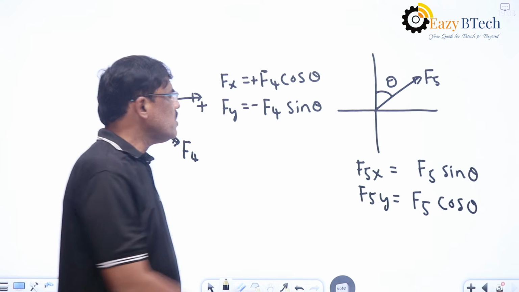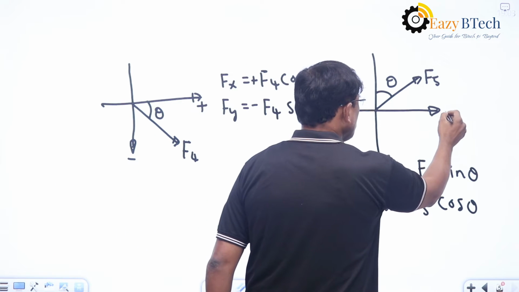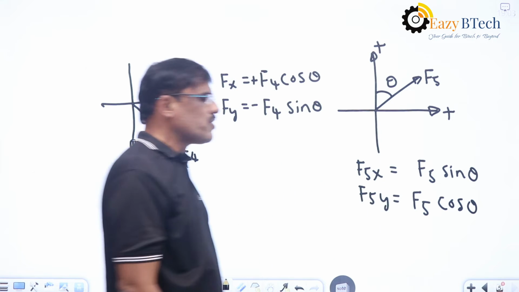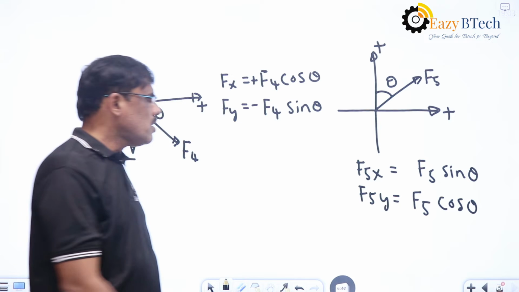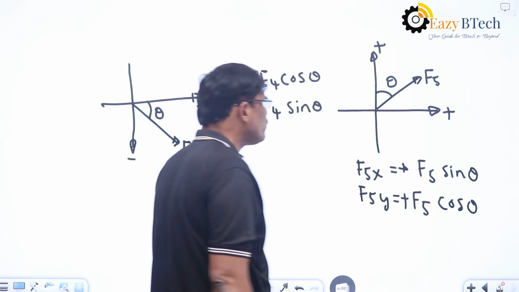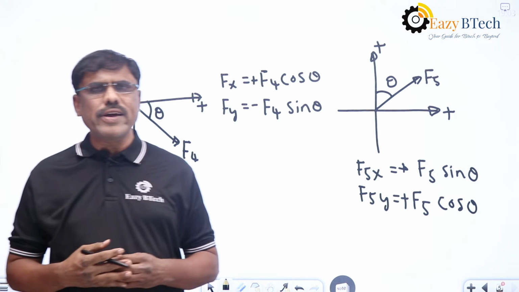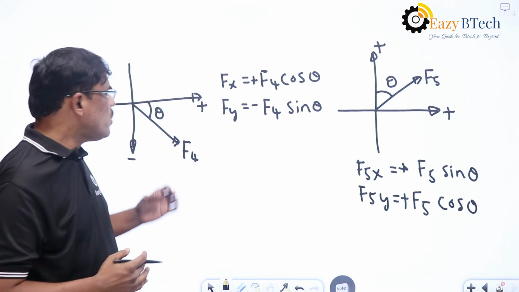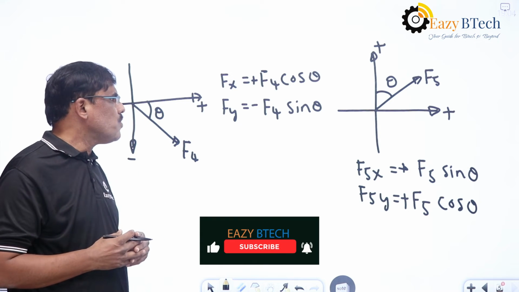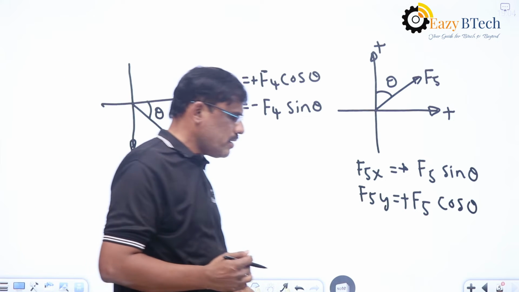In this particular case, the x component is acting towards right, so it is plus, and the y component is acting in the upward direction, so it is also plus. Both values are positive. In this way, we can find the components of a given force. We should identify with which axis the angle theta is given, and we should write what is the x component and what is the y component.